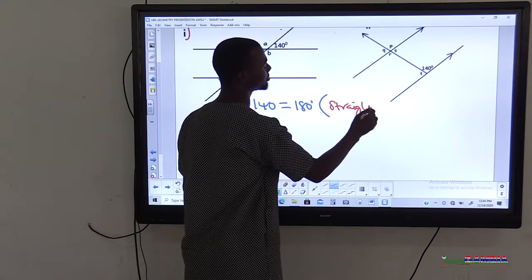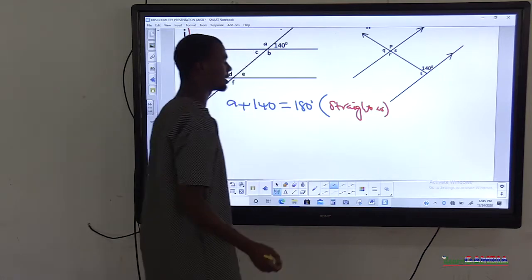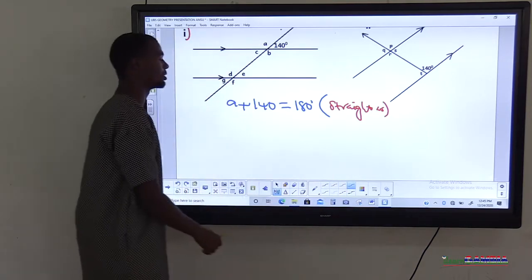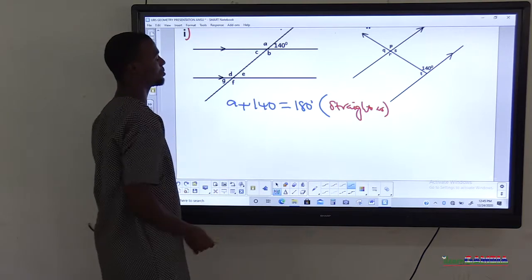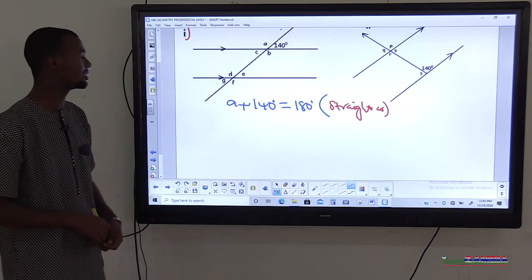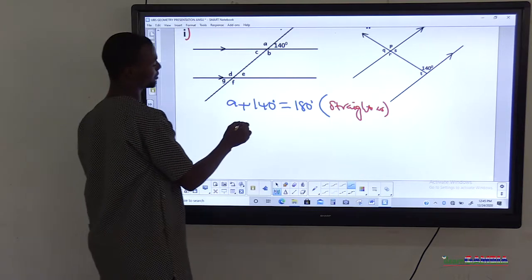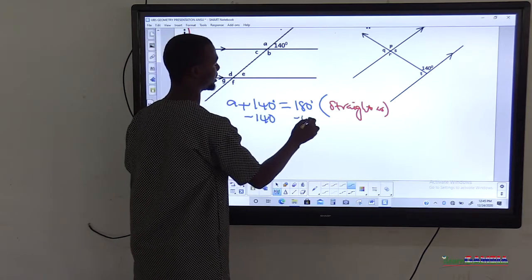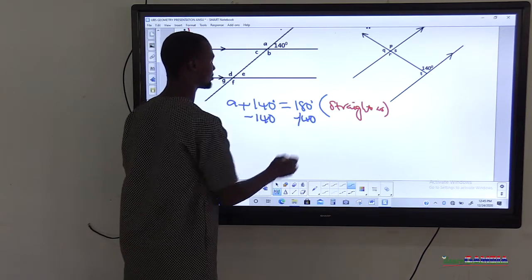And we know straight angles add up to 180. So this is why we say A plus 140 degrees equals 180 degrees. We undo 140 from both sides. Minus 140 minus 140.